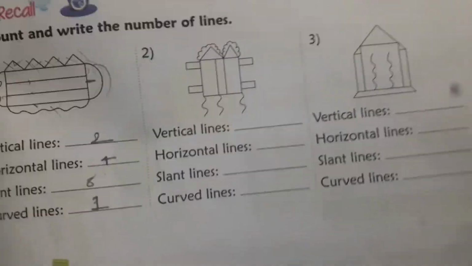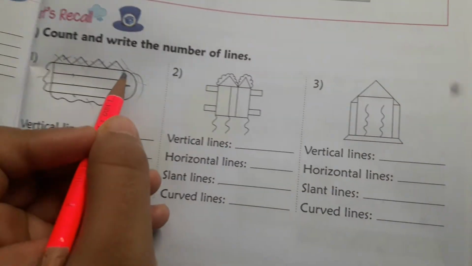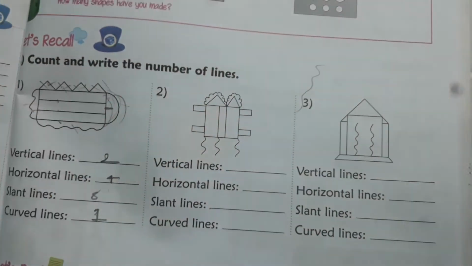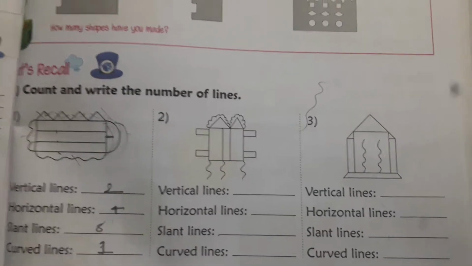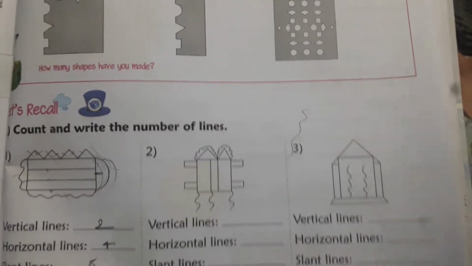Only one is there, one. Okay, same way you have to do this also and this also. You can't take curve lines, means like this will be a zigzag line. Okay, these are not included in curve lines, so be careful while doing this.